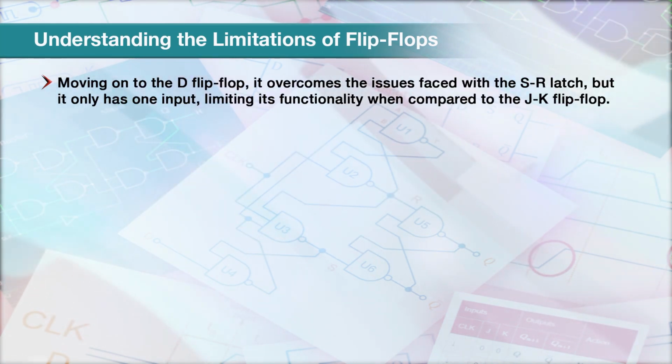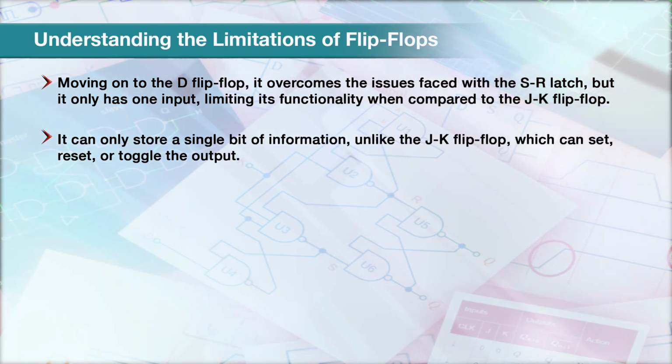Moving on to the D flip flop, it overcomes the issue faced with the RS latch, but it only has one input, limiting its functionality when compared to the JK flip flop. It can only store a single bit of information, unlike the JK flip flop, which can set, reset or toggle the output.